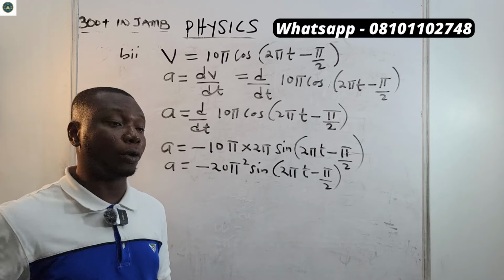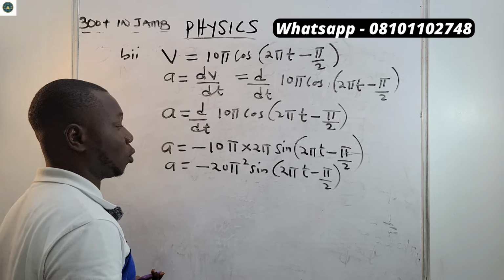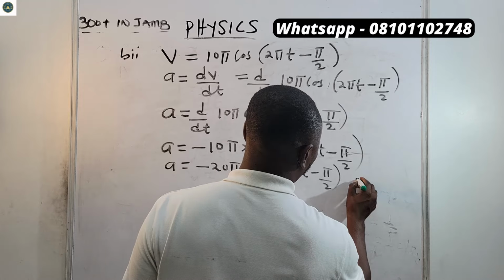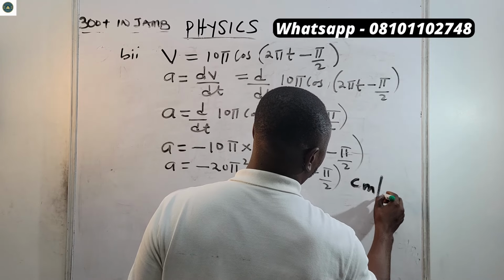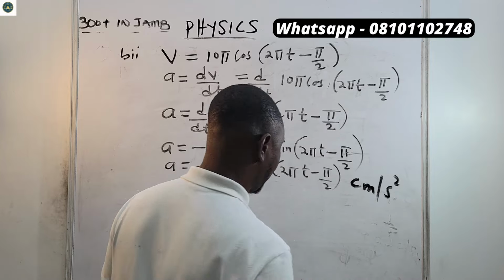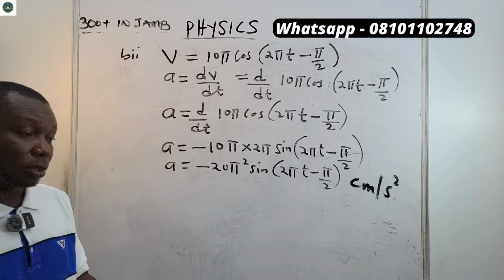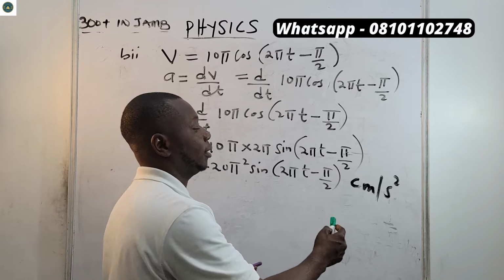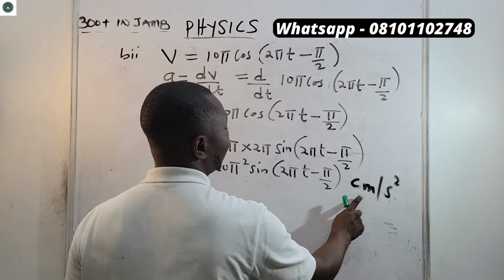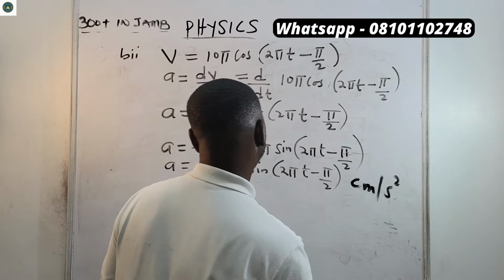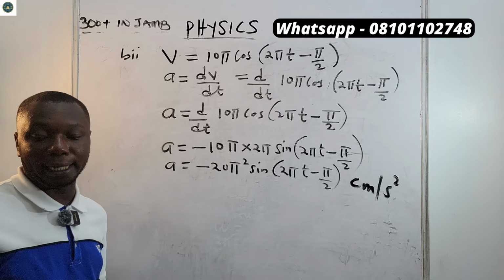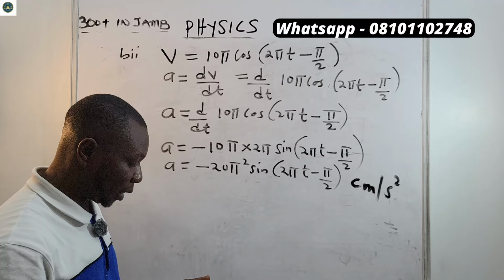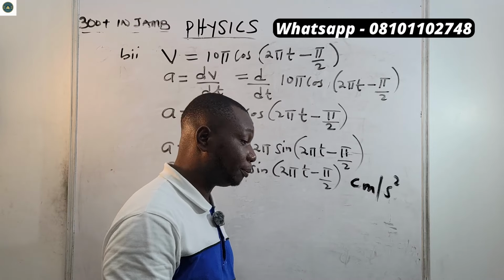And that value will be in centimeter per second square, because it was not given in meter. The velocity was given in centimeter per second, so we also have centimeter per second square. So this is the acceleration produced by such displacement waveform.